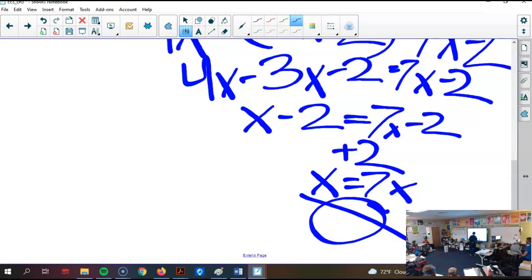X equals 7x. I don't love that you didn't write +2 on both sides, but I will let it slide. Don't do that. I will count your work as wrong if you are not showing what we're doing on both sides.